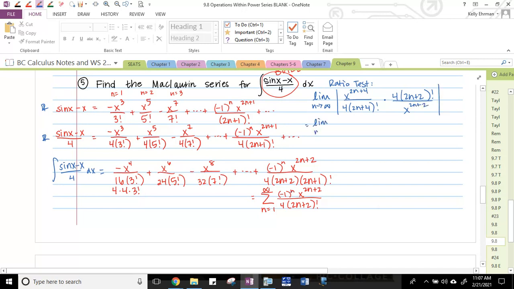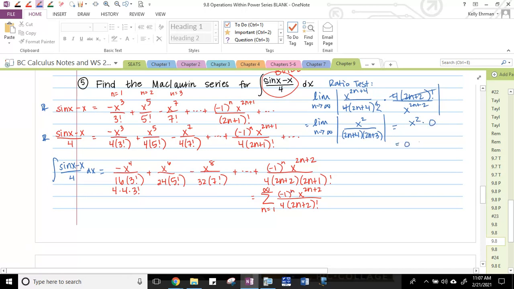Lots of simplifying to do. 4's cancel out. In the denominator, you're going to have 2n plus 4 times 2n plus 3, but then the 2n plus 2 factorial will cancel. 2n plus 4 minus 2n minus 2 is x squared. All right, now what about this? I'm getting x squared times the limit of 1 over a bottom heavy thing is 0.